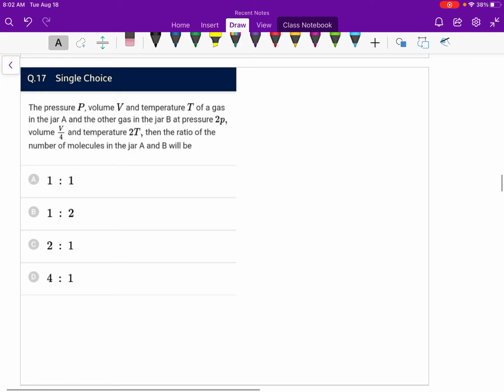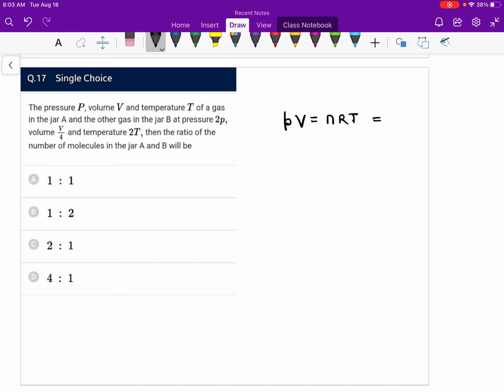Pressure P, volume V, T of a gas in jar A, another gas 2P, V by 4, 2T, the ratio of number of molecules. So number of moles n is PV upon RT, so proportional to PV upon T. PV is equal to n, number of moles, into RT.